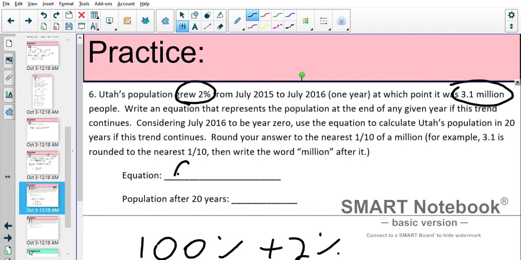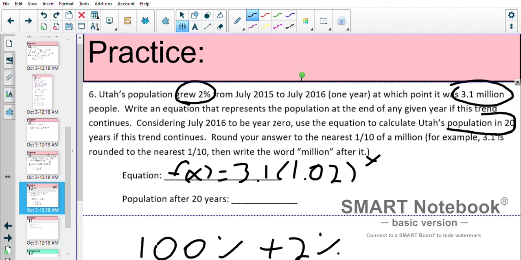So our equation will be f of x equals 3.1, as in 3.1 million, times 1.02 to the power of x. All right, we're going to see what Utah's population is predicted to be in 20 years if that growth continues. So our x value is going to be 20. So we're going to plug that in here to our equation.